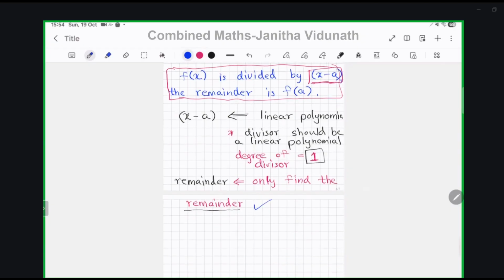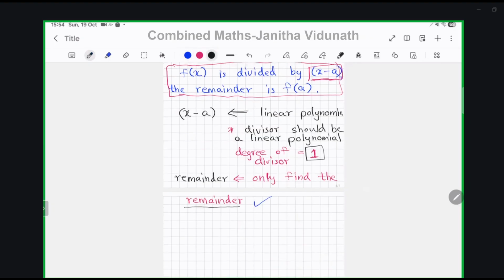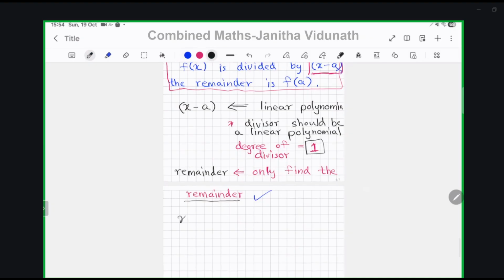Now, the main theory behind the remainder theorem is this. We are dividing by x minus a. Our dividend is f(x) and our divisor is x minus a.